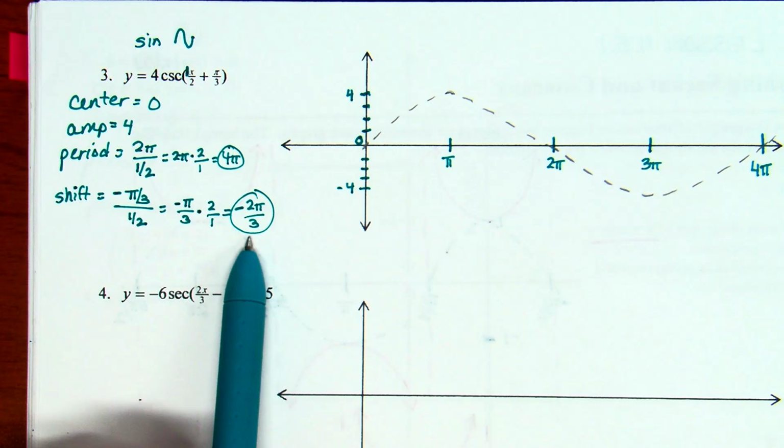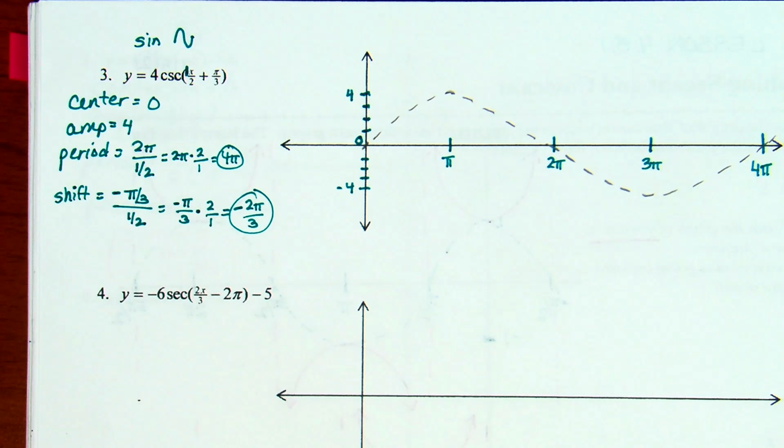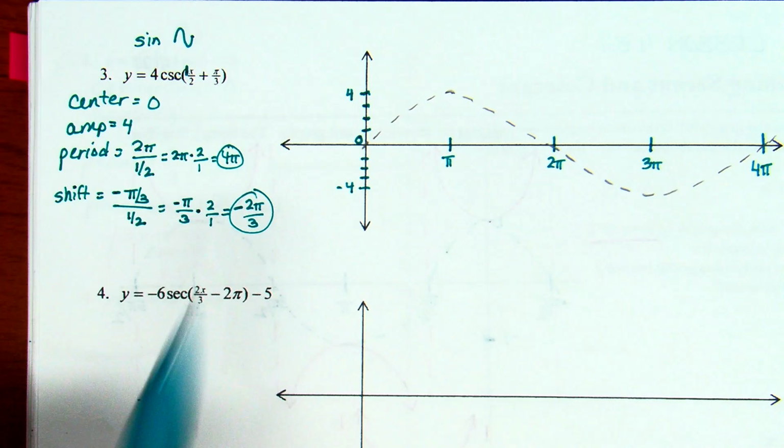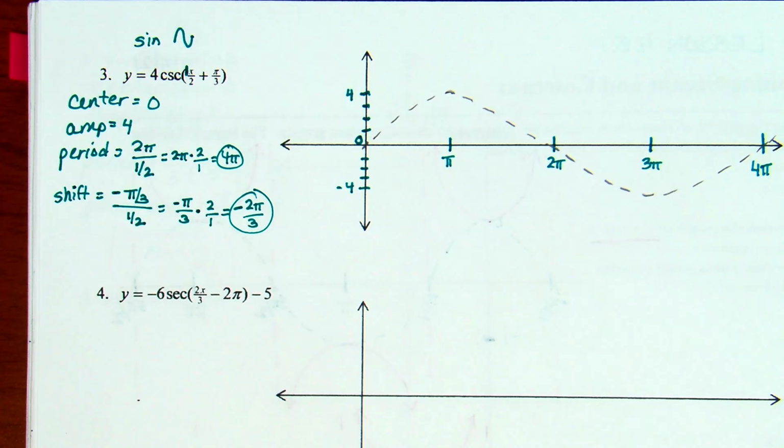Between 2 pi and 3 pi, I put 2 marks, which gives me thirds. And between 3 pi and 4 pi, I put 2 marks. So what does each of these little marks represent now? A third. Pi over 3, right?